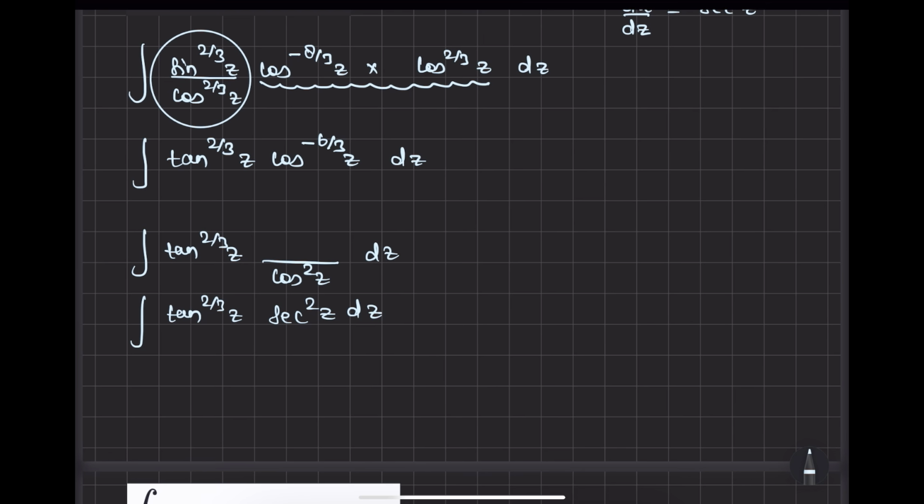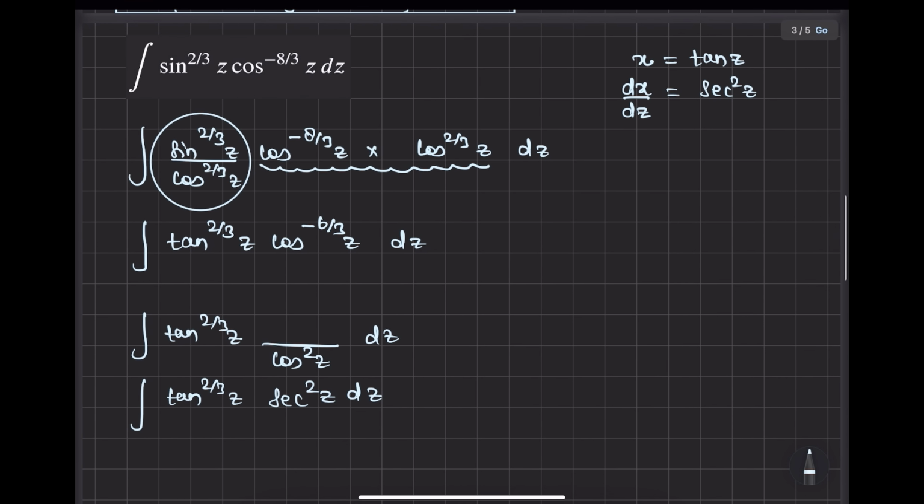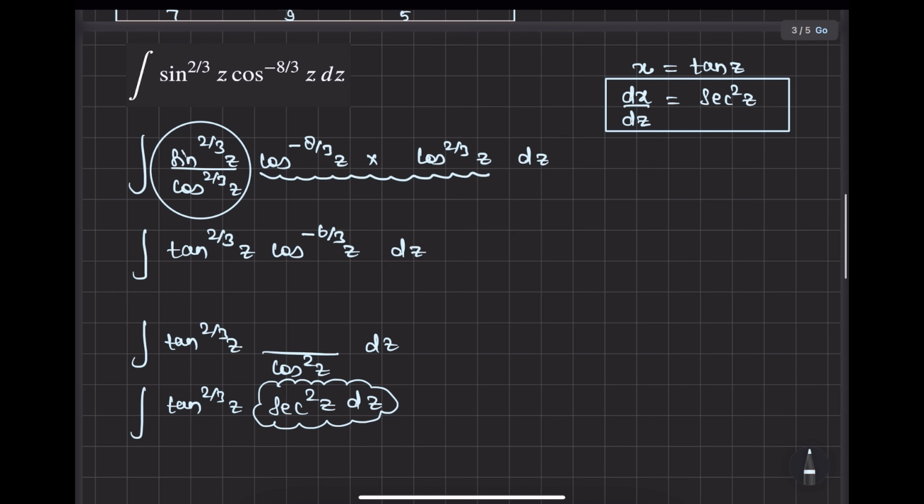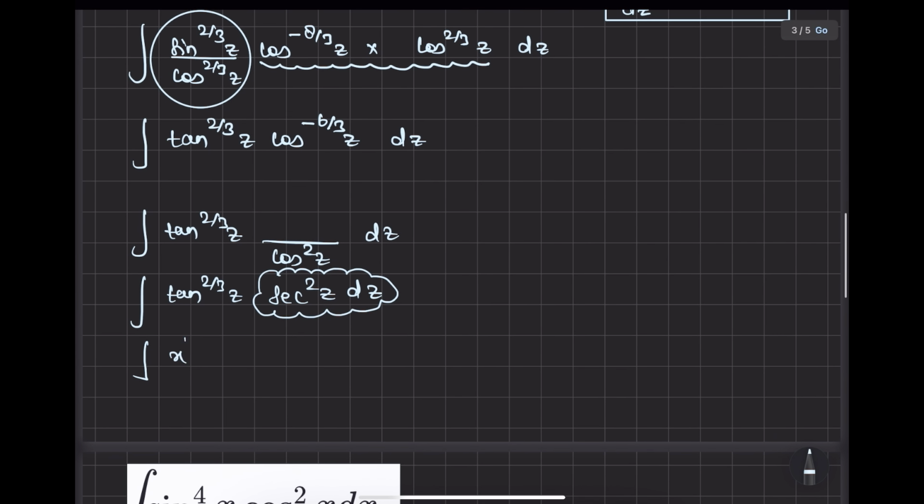Now we will apply the replacements. Okay, so who is sec square z into dz? You will take help of this idea. You will know that it is dx only, and then you have to replace tan as well. So it is x power 2 by 3 dx. Now do the integration. X power 2 by 3 plus 1 upon 2 by 3 plus 1 plus integration constant c.